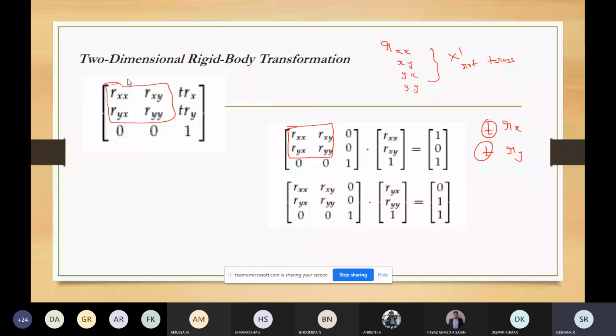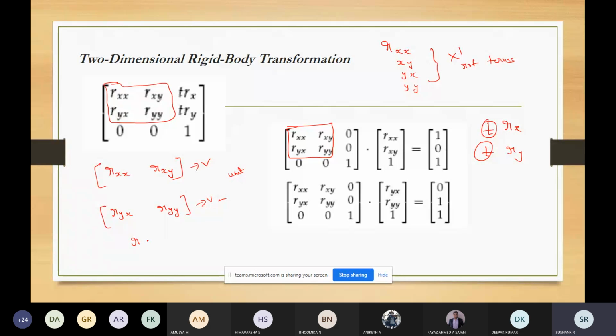This means that if you consider the first row, rxx rxy, and the next row, ryx and ryy, separately, as vectors, then these two will form an orthogonal set of unit vectors.